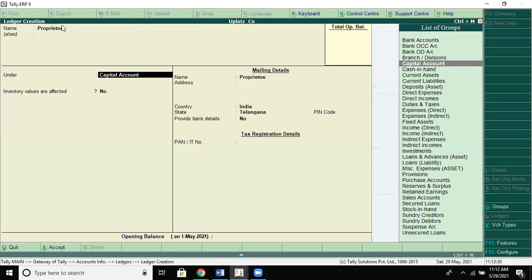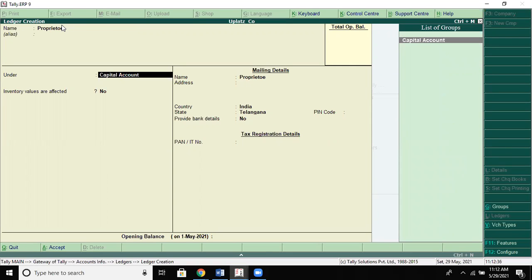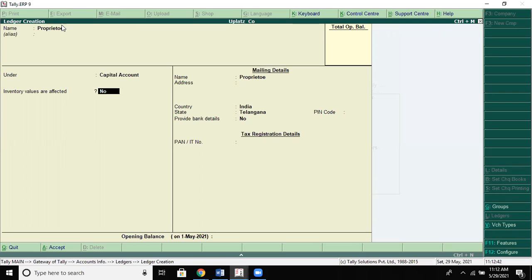Nothing under. Usually these are all the accounts in the list of groups we have over here. As we know, it is a capital account, so select capital account. Now, are inventory values affected? Whether with this capital account any inventories are affected? Obviously no, it is nothing related to inventory.